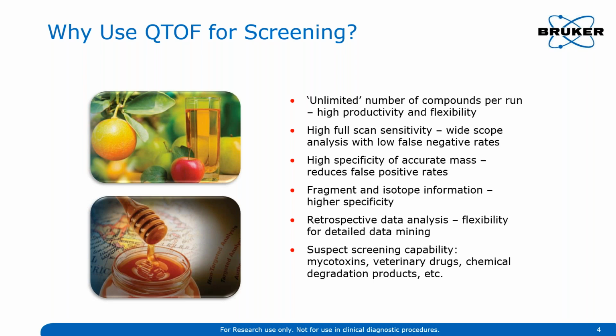Fragment and isotope information leads to higher specificity of analysis. Retrospective data analysis capability is very important and provides flexibility for detailed data mining. And of course, capability to screen for suspects such as mycotoxins, veterinary drugs, chemical degradation products, etc., is also a very important advantage.